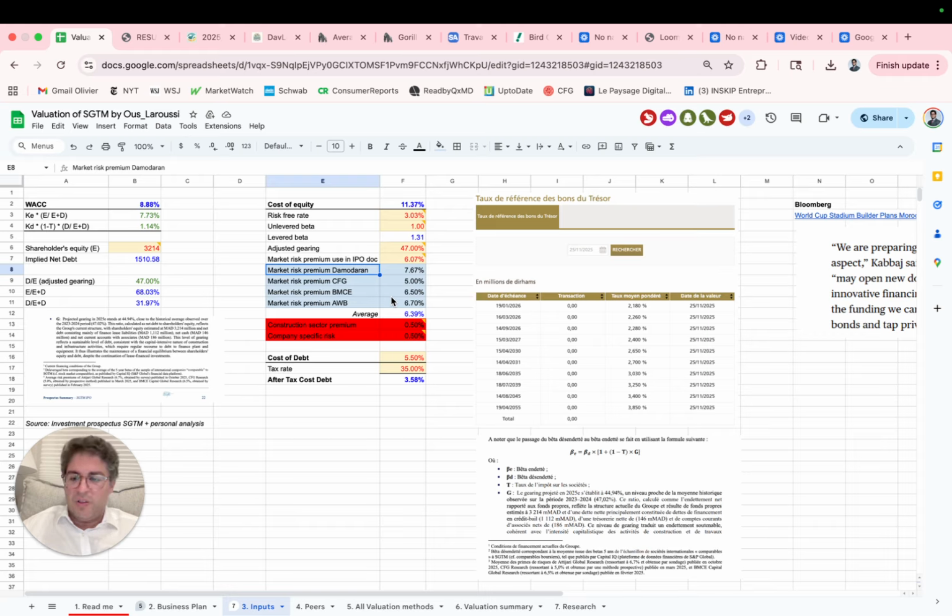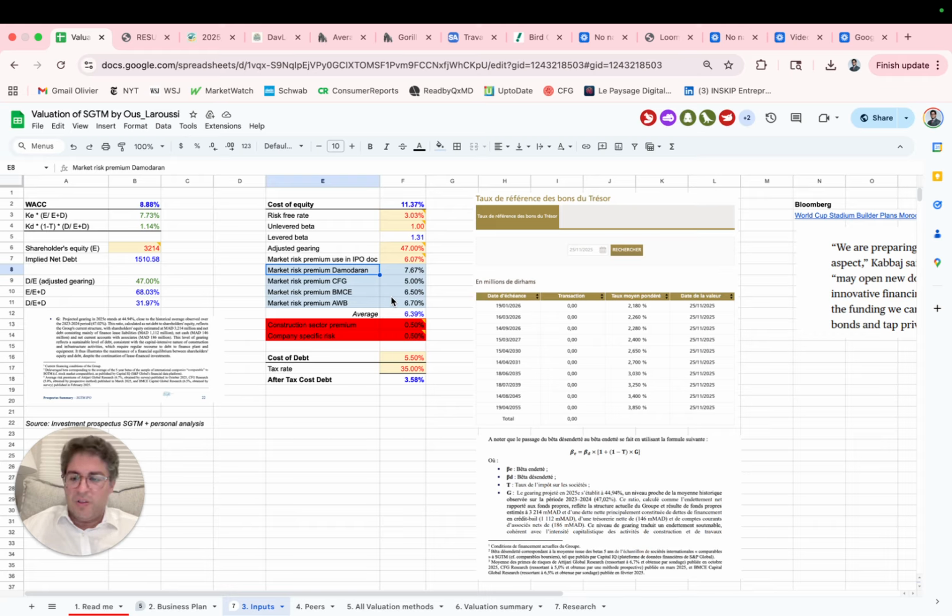Again, we can take Aswath Damodaran's market risk premiums that he has published on his website. And then I also take all the equity market risk premiums that are published by our local banks, and I take an average, and the average is around 6.39%.